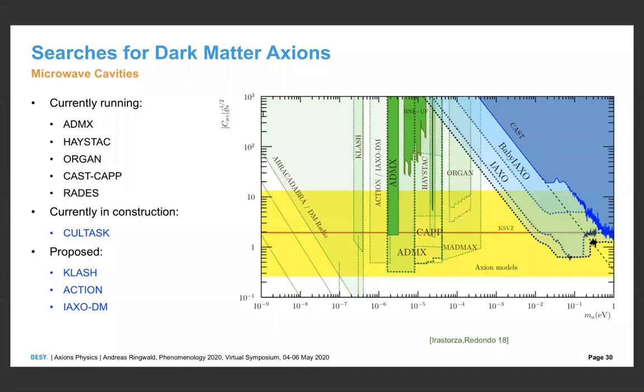In the end, you get the best constructive interference if you have a lambda half spacing between these mirrors, and then you get an n squared enhancement, an n squared boost factor, where n is the number of mirrors or dielectric disks.